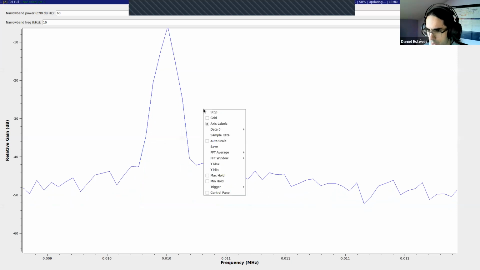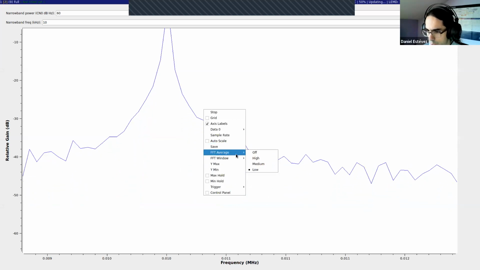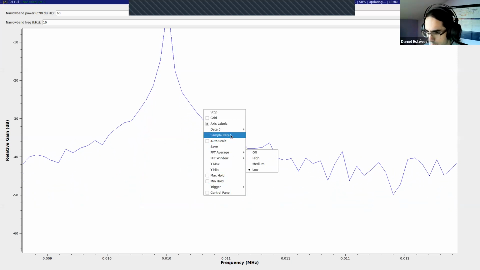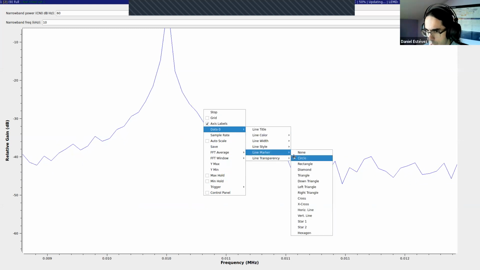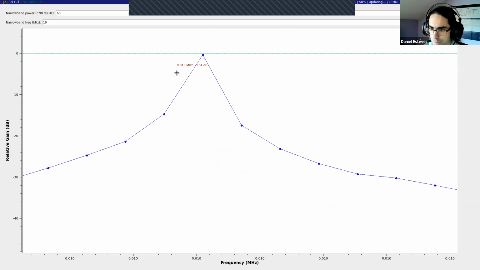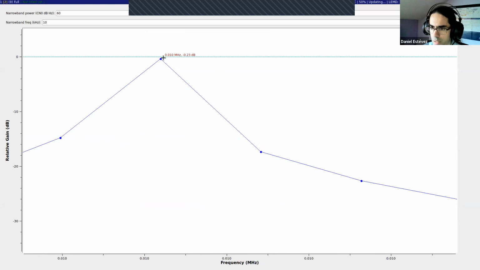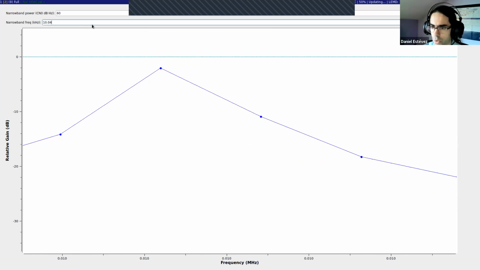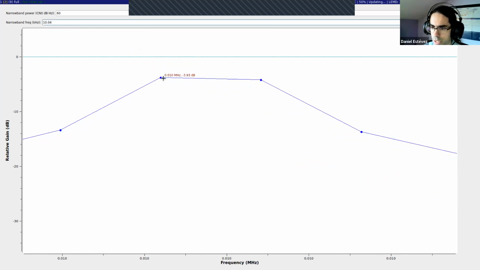So anyhow, rectangular window we had, and we also had these points. So we can see here, for example, it's at minus 0.28, and when I go 0.4, it decreases basically by 3 dB because now it's spread over 2 bins.